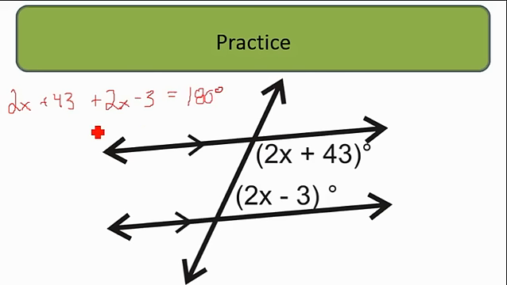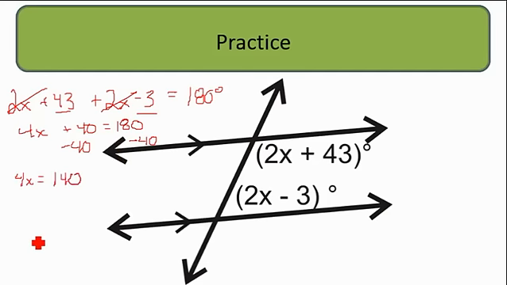Now on the right side, we need to combine like terms. So 2x plus 2x gives us 4x. 43 minus 3 gives us 40. And all of that is going to equal 180 degrees. Now, if I subtract 40 from both sides, we can start to isolate x. So we get 4x equals 140.